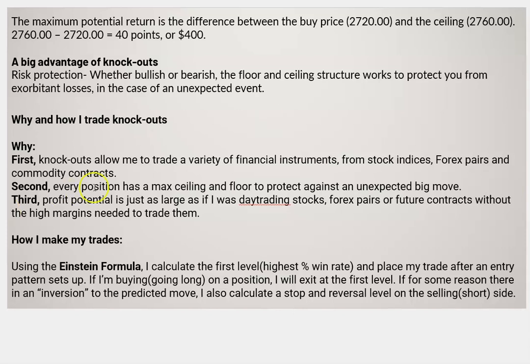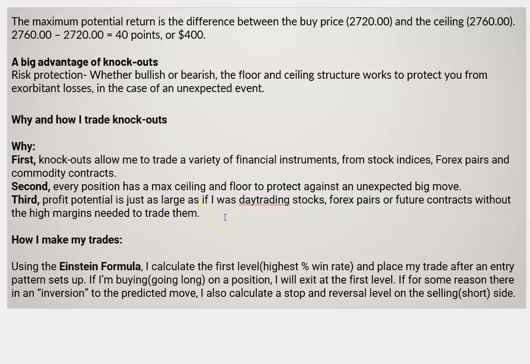Second, every position has a maximum ceiling and floor to protect against an unexpected big move, right? Or unexpected big loss. I don't care if it's a big move in my favor, but I don't want a big move against me. And third, the profit potential is just as large as if I was day trading stocks, Forex pairs, or futures contracts without the high margins needed to trade them.